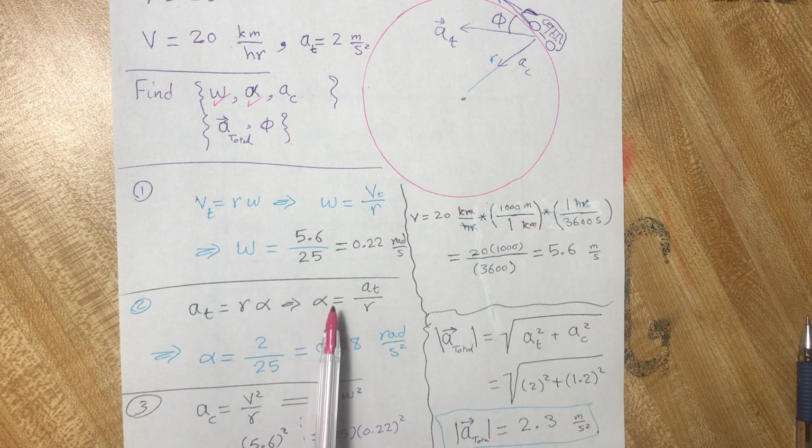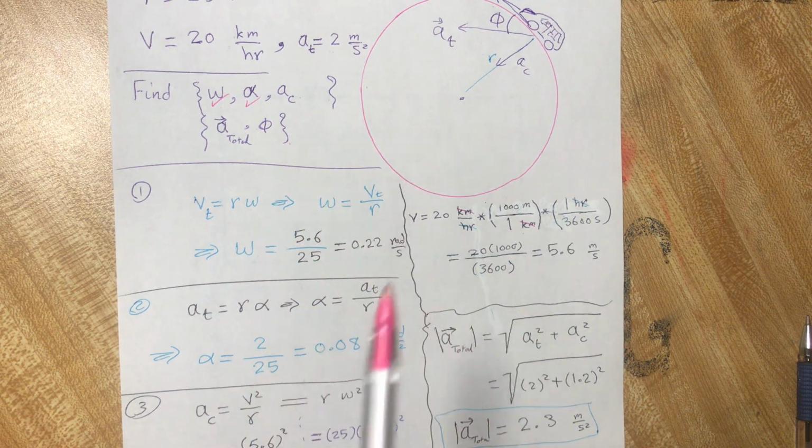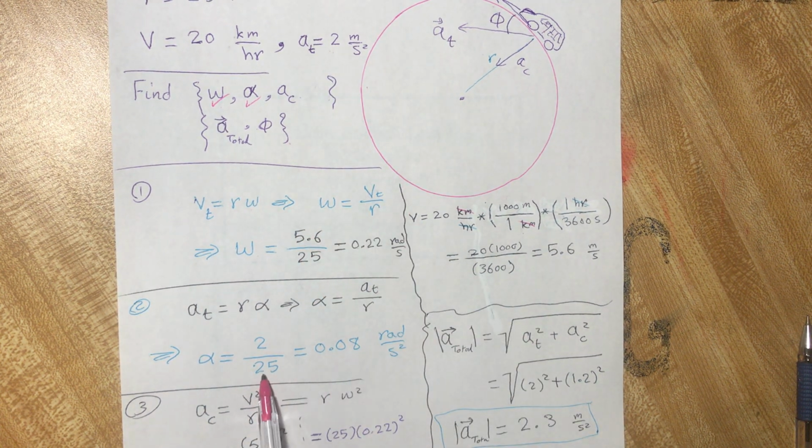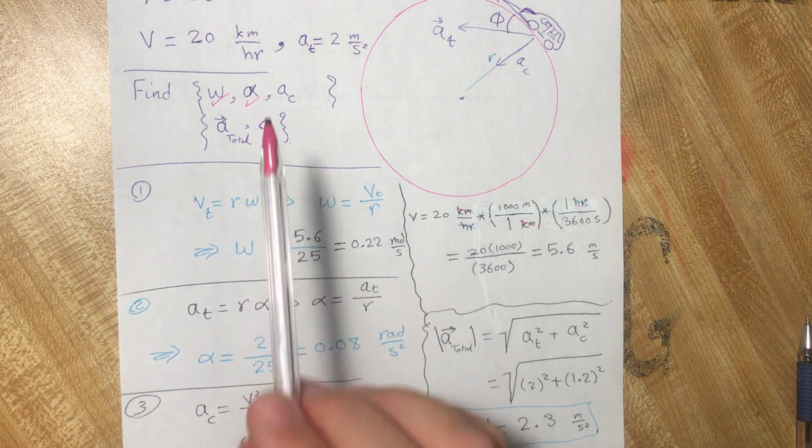Then the angular acceleration is equal to at over r. At is given as 2. R is given. Then the angular acceleration is 0.08 radian per squared second.